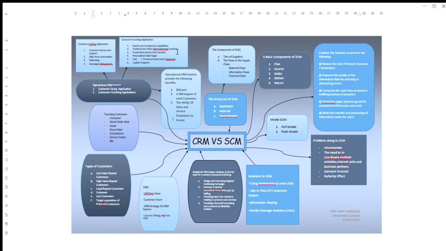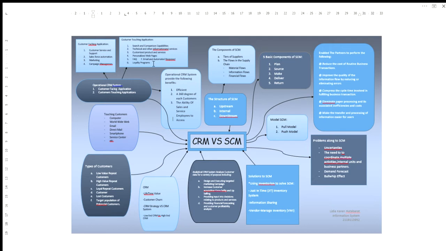Personalized web page, for example, if a customer has subscribed to a website, it can be changed to the customer's own name. And number five, fact. Number six, email and loyalty programs.